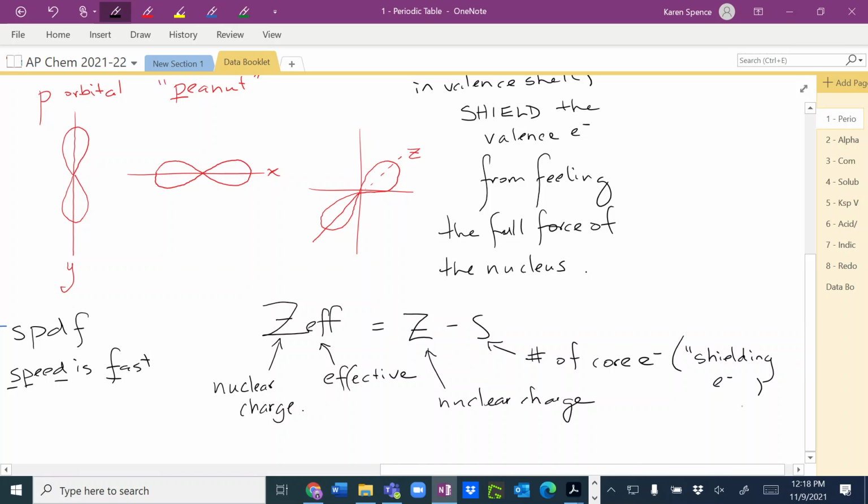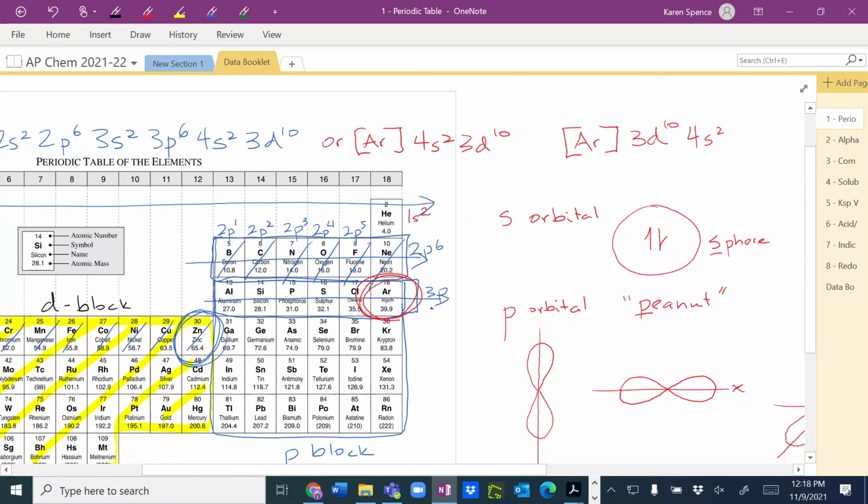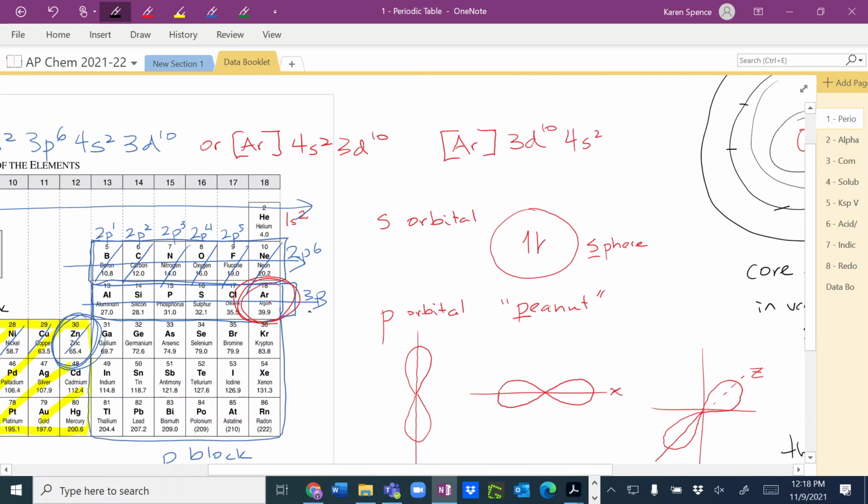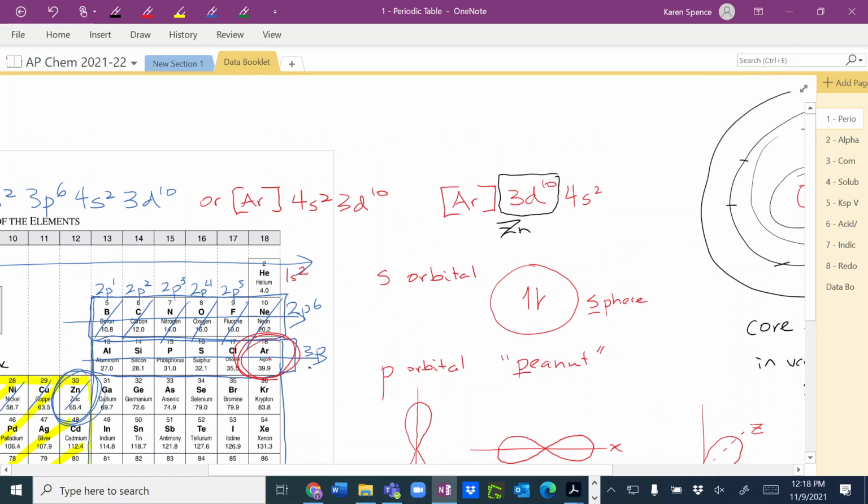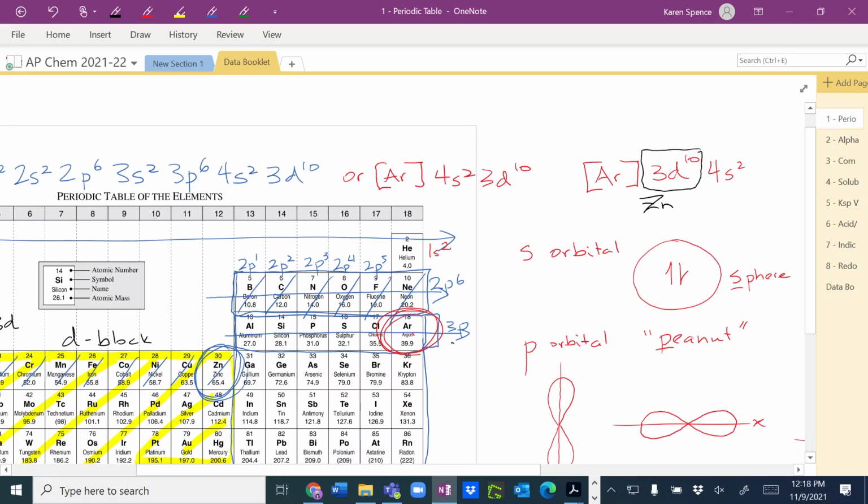But what we can do from this is look and say, here is zinc. And zinc has this entire D subshell shielding its 4s electrons. Whereas if we look at copper, which would be argon 4s, this is an exception to the rule, 4s2, 3d9.